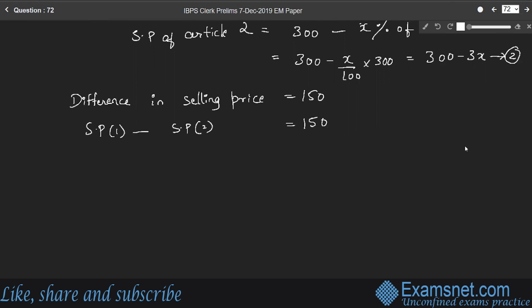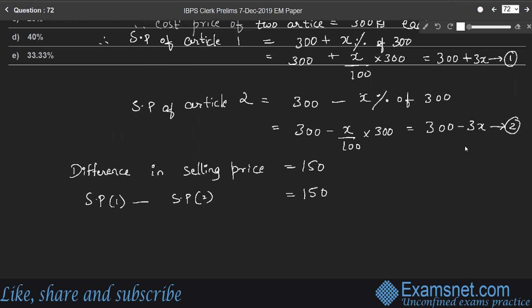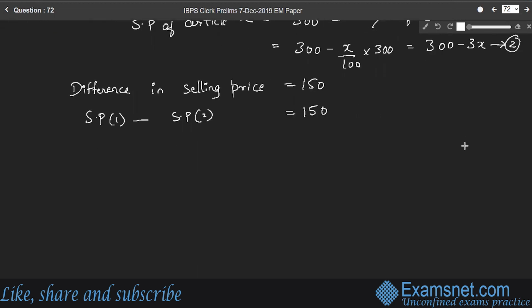So what is the selling price of article 1? 300 plus 3x. 300 plus 3x minus (300 minus 3x) is equal to 150 rupees. Simplify it, you will get the value of x.